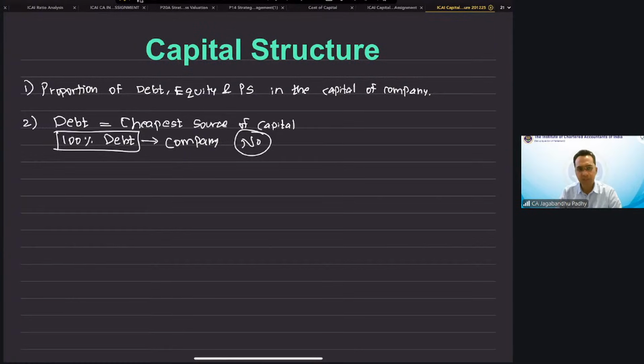So rather, we would like to know what should be the amount of equity and the amount of debt that we should have in our capital structure.